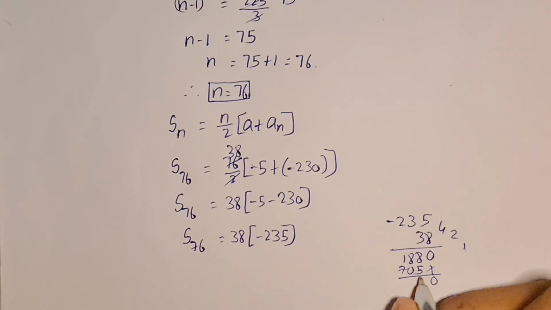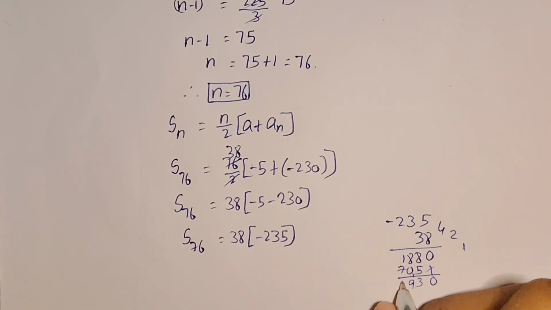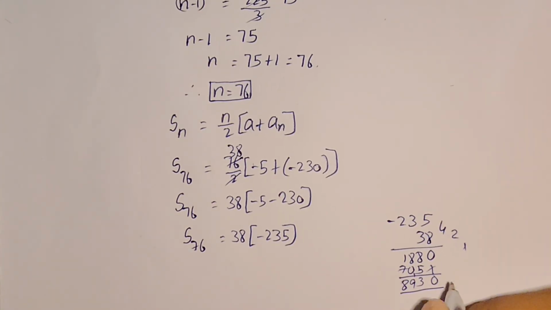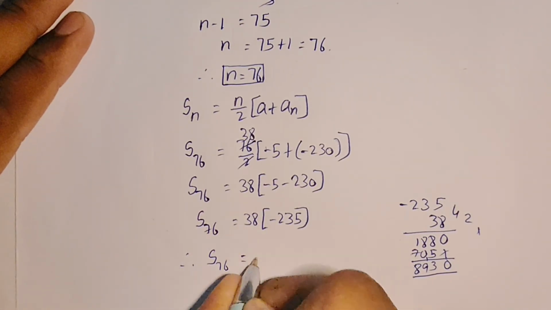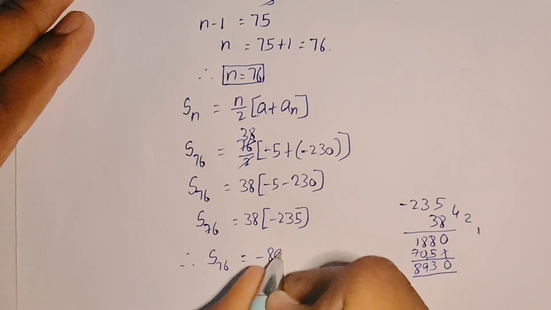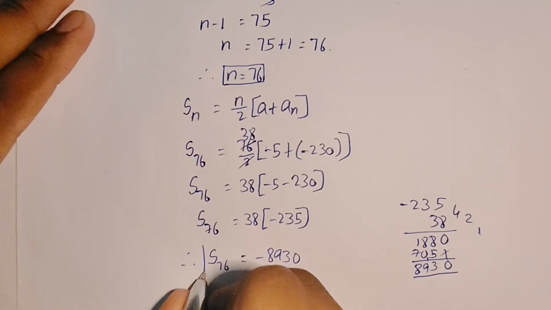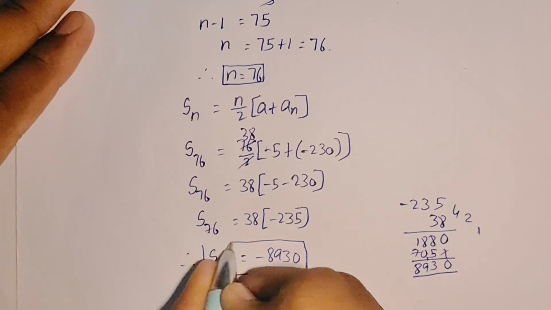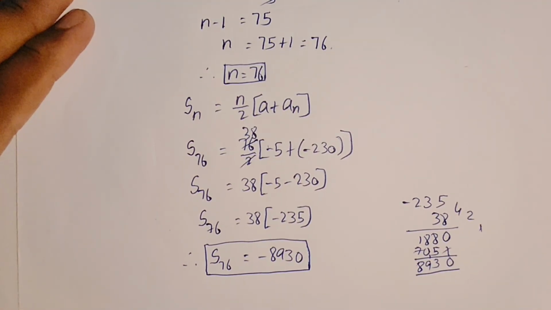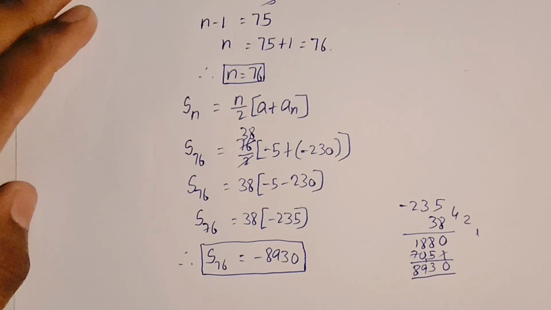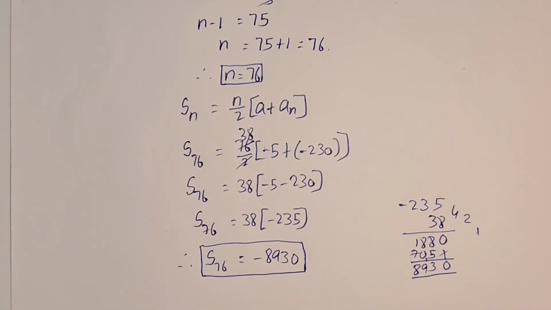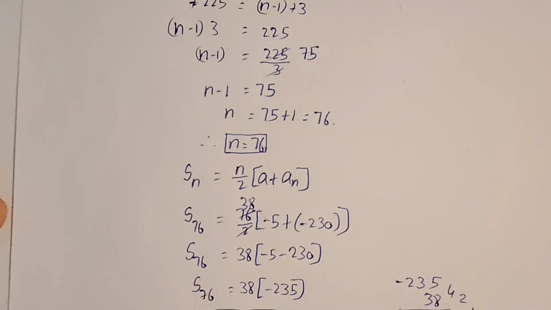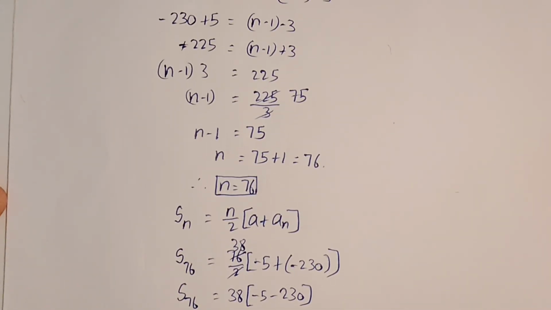So 0, 8 plus 5 means 13, 9, 8. So we got therefore s base 76 is equal to minus 8,930. So the sum of the terms given in the problem is equal to minus 8,930. So we have completed the third question, which means we have completed this Roman.